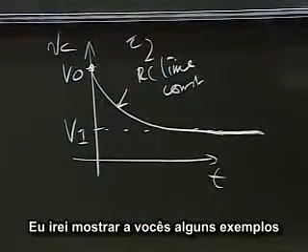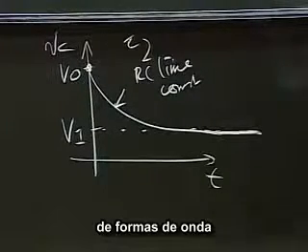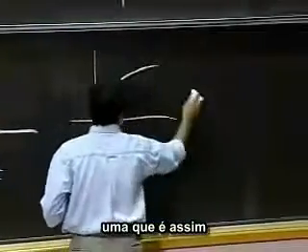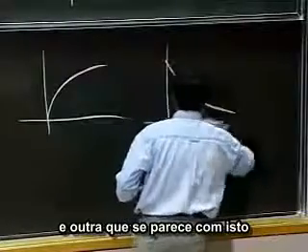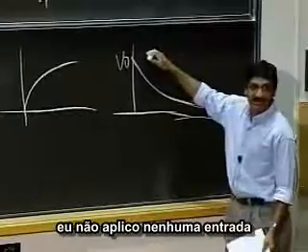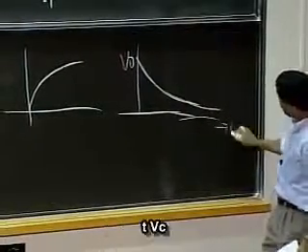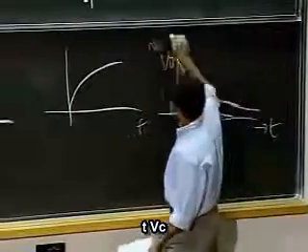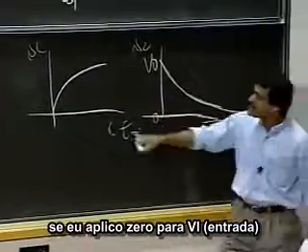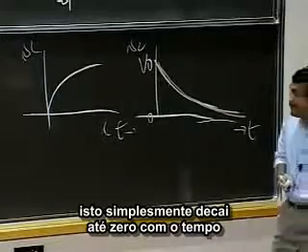So I'm going to show you very quickly a couple of examples of waveforms, one that goes like this, and one that looks like this. This is when I start with some value V0, and I don't apply any input. It should decay down to 0. So if I apply 0 for VI, then this should simply decay down to nothing over time.